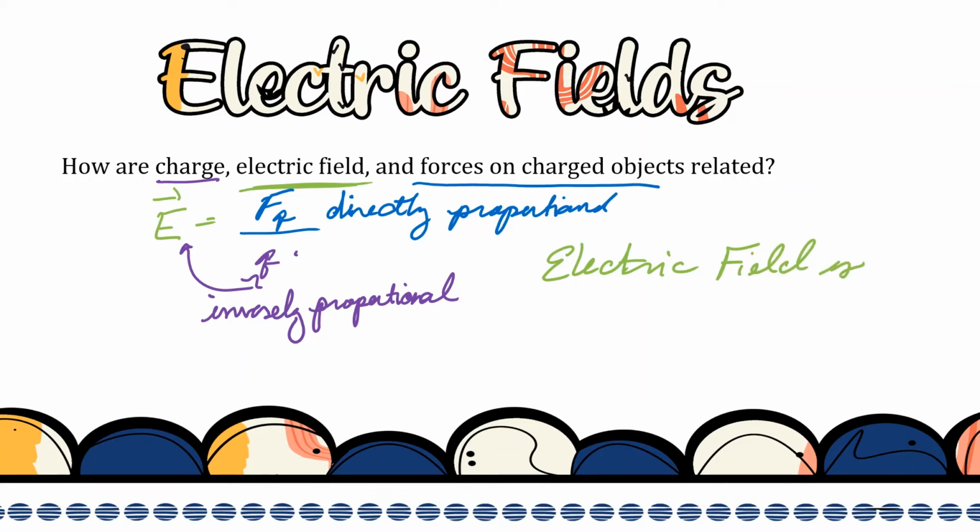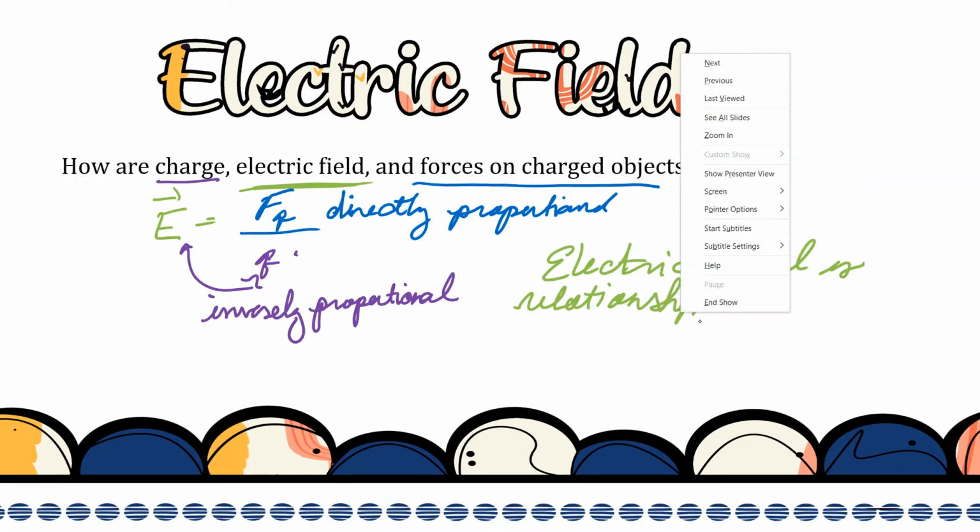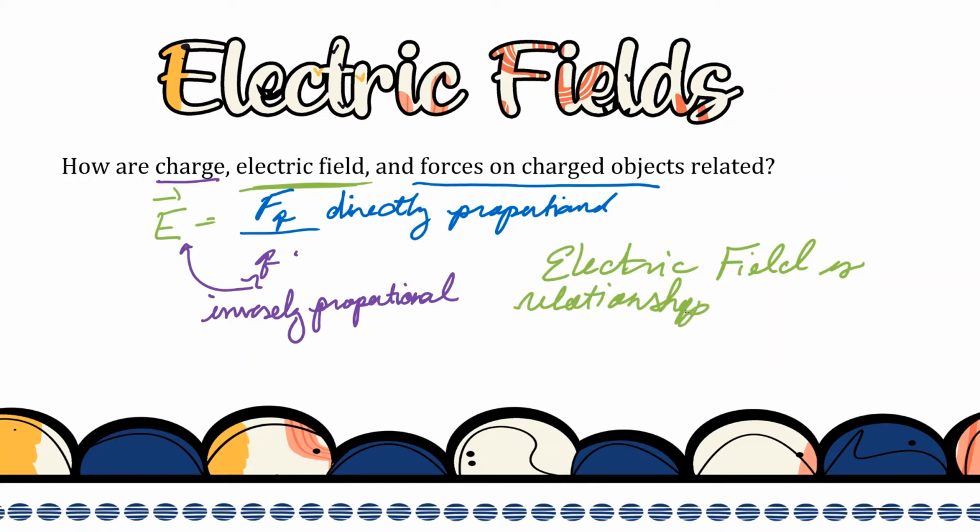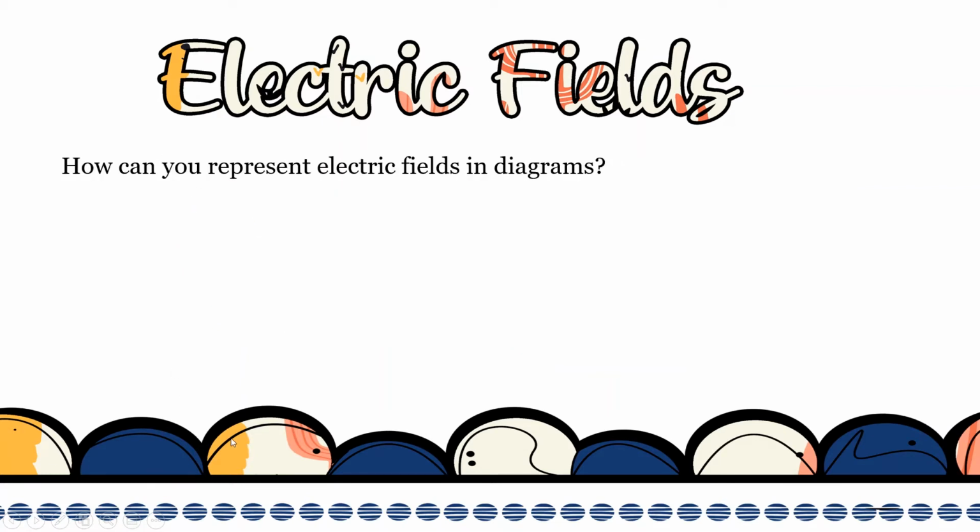So the electric field is the relationship between the force on charged objects and the charge. And there are many different ways you could have your own answer. I really don't think there's a wrong way to relate these together.